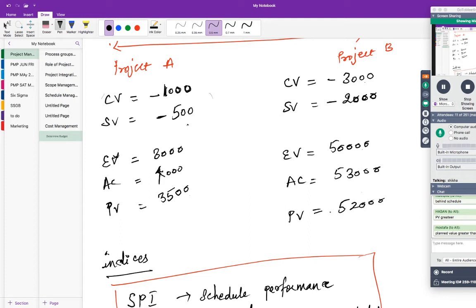Everyone is getting it, right? What is the CPI and SPI of this project A?